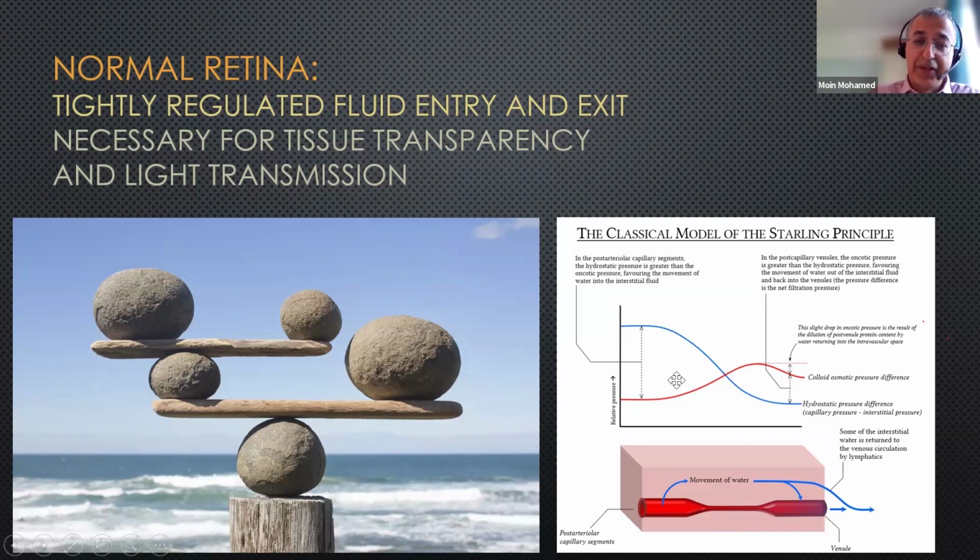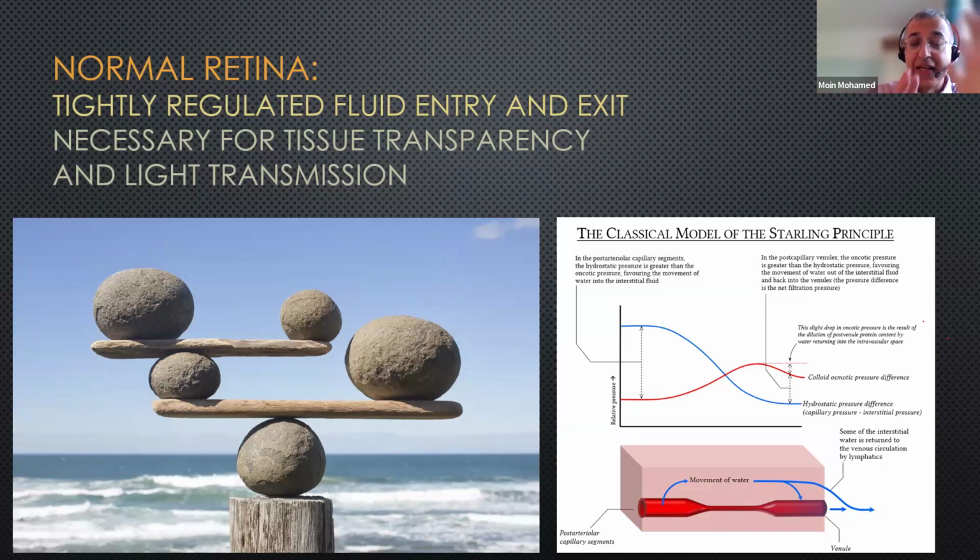But remember, blood is water, proteins, cells, and that has an osmotic pressure as well. So what drives fluid out is the hydrostatic pressure. That's the physical force, arterial blood pressure. Obviously, it peters off when you come to the capillaries. And then what draws fluid back into the venules is the oncotic pressure, which is osmosis, drawing fluid back into the retina.